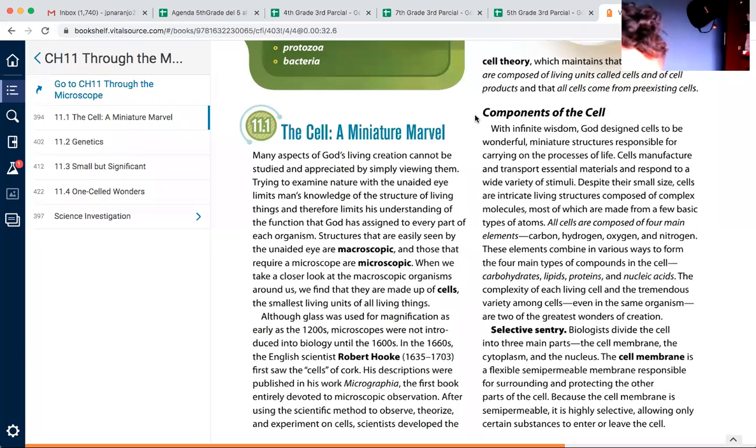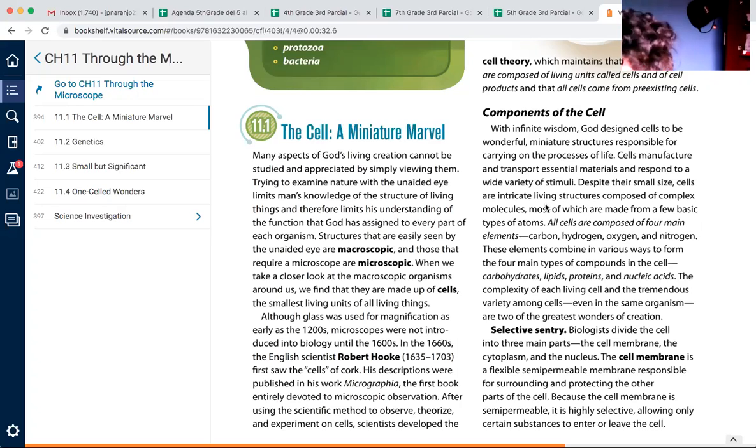All cells are composed of four main elements: carbon, hydrogen, oxygen, and nitrogen. These elements combine in various ways to form the four main types of compound in the cell: carbohydrates, lipids, proteins, and nucleic acids. The complexity of each living cell and the tremendous variety among cells, even in the same organism, are two of the greatest wonders of creation.